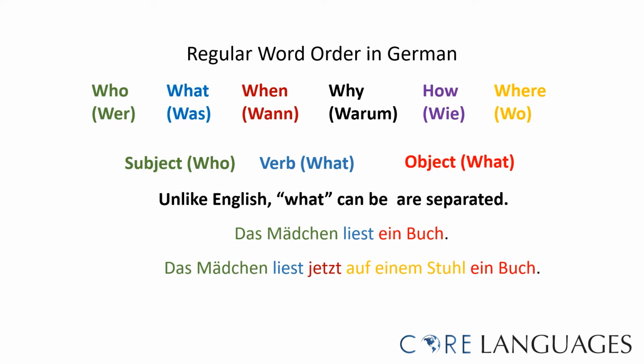However, in German, I could say, das Mädchen liest jetzt auf einem Stuhl ein Buch. The girl reads now on a chair a book. Liest is the verb that represents what, and ein Buch is the object that represents what, and they have been separated by when and where.